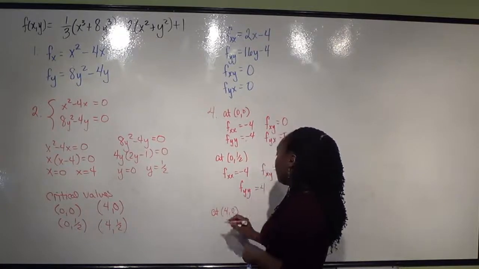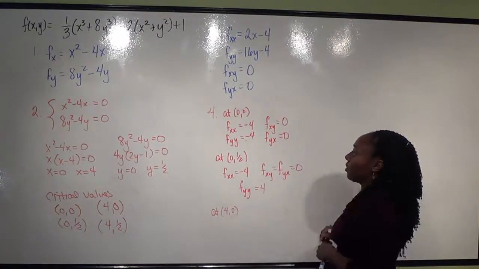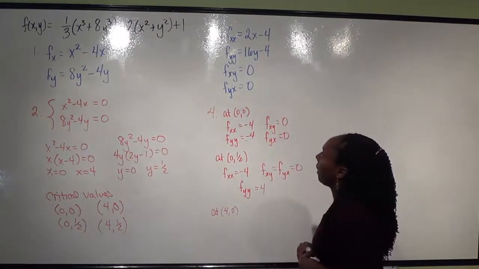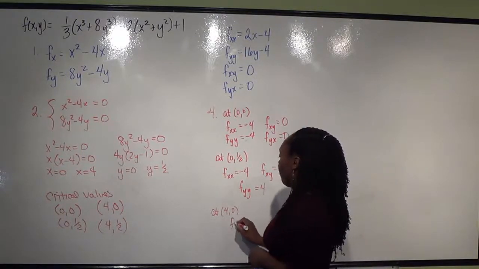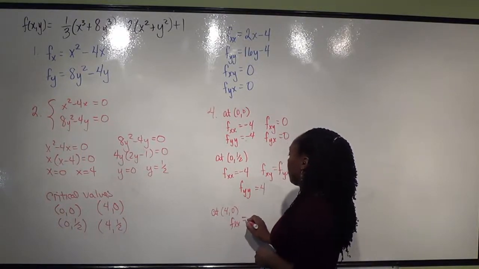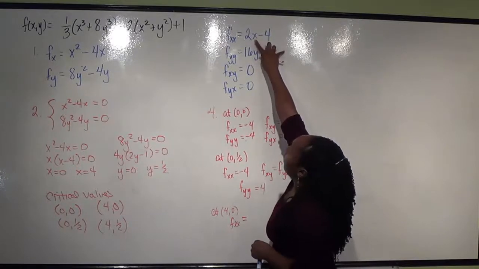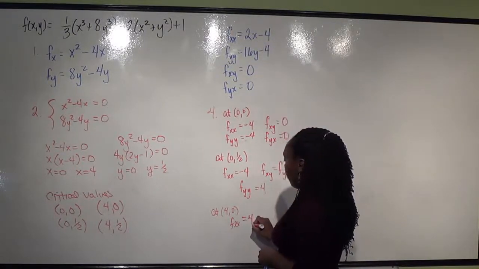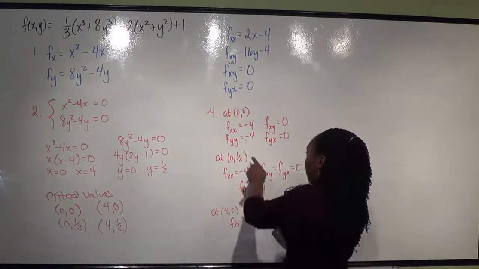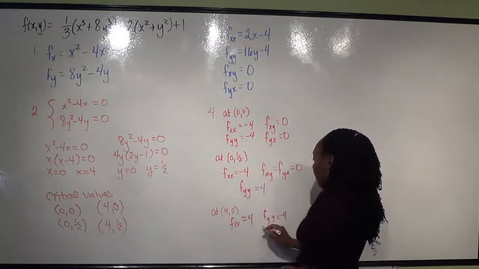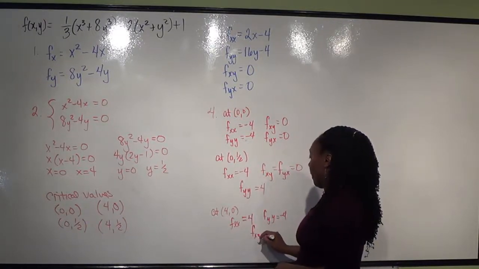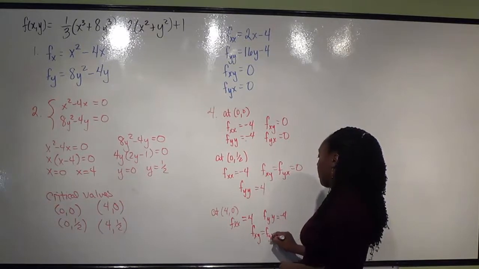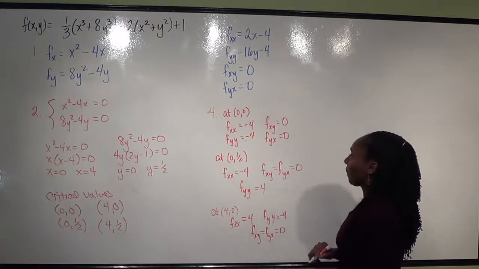At 4, 0, this one's going to be very similar to the 0, 0. The only difference is the ones that have an x. So my f(x)(x) is going to equal, plugging in 4, we get 8 minus 4. That one's going to become positive. f(y)(y) will be a negative 4. And again, f(xy) and f(y)(x) are both going to be 0.